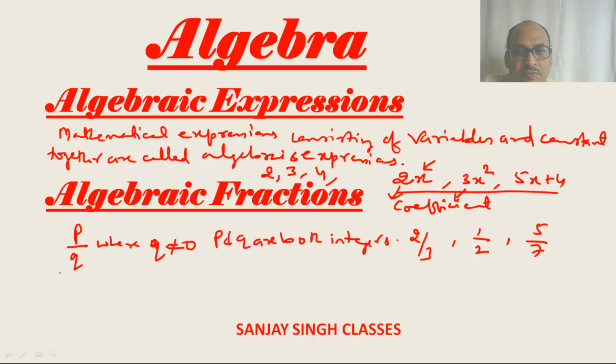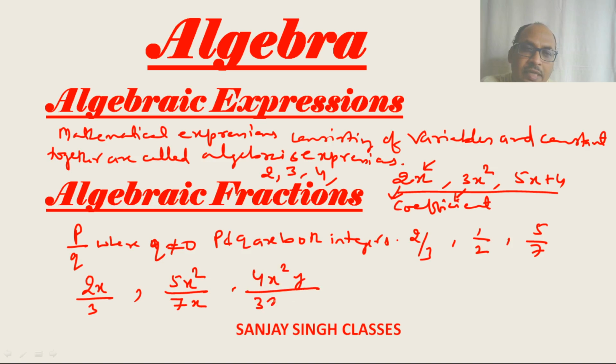Right. Now when we say algebraic fraction, we will have examples such as 2x by 3, or 2 by 3x, or 5x square by 7x, or 4x square y divided by 3xy.